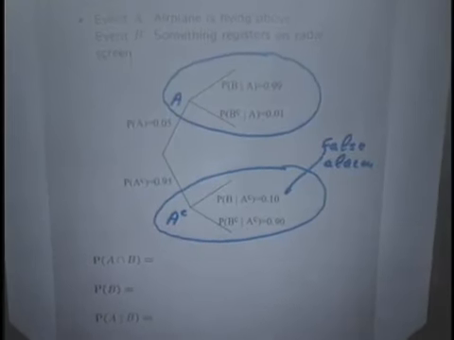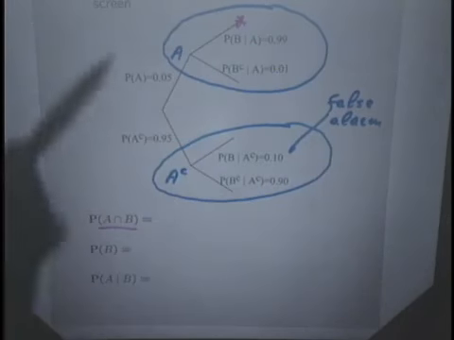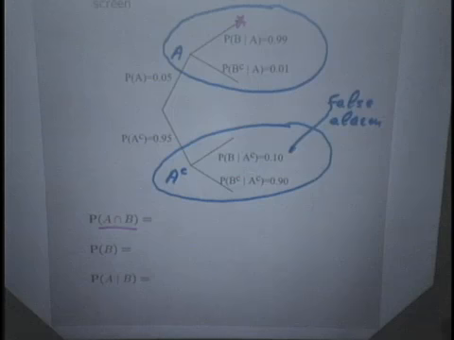Let's look at this event, A intersection B, which is the event up here, that there is a plane and our radar picks it up. How can we calculate this probability?